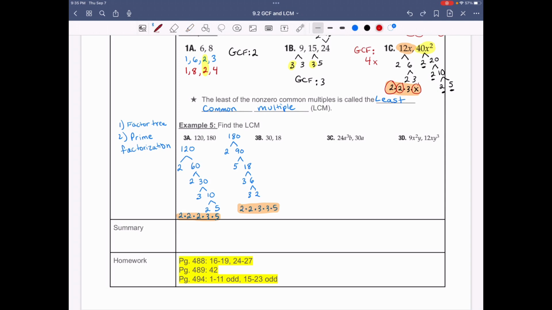So for 2's, the greatest one, we have 3 of them here. So we want to choose the one that has the most. But we also have these 3's. And then we have a 5 in each. We only have to use one of the 5's. Circle all the unique factors, and then write the product of those.